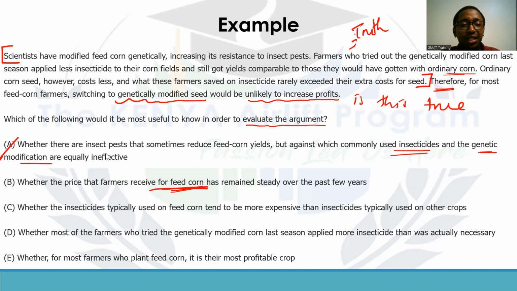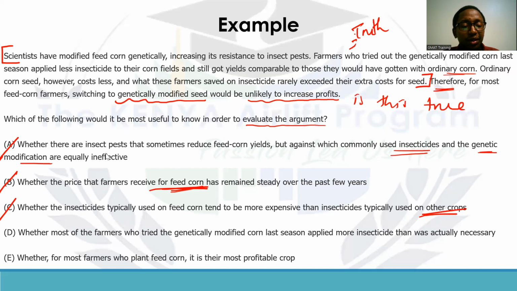So both farmers receive these, they sell feed corn. So for that reason, this can't really help. C, whether the insecticides typically used on feed corn tend to be more expensive than insecticides. So this option introduces other crops. So comparing corn to other crops won't help us because we are comparing corn to corn. Just that one is genetically modified, the other is not.